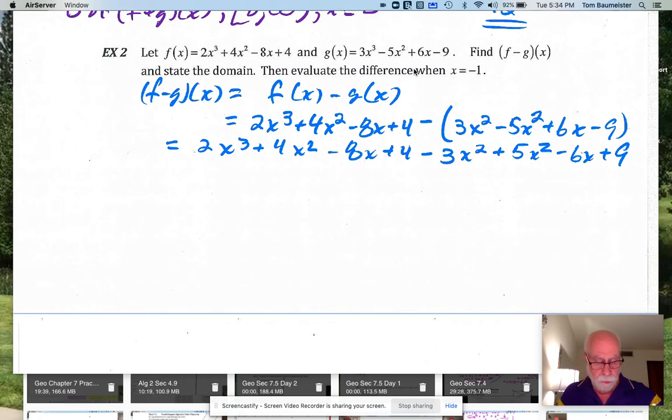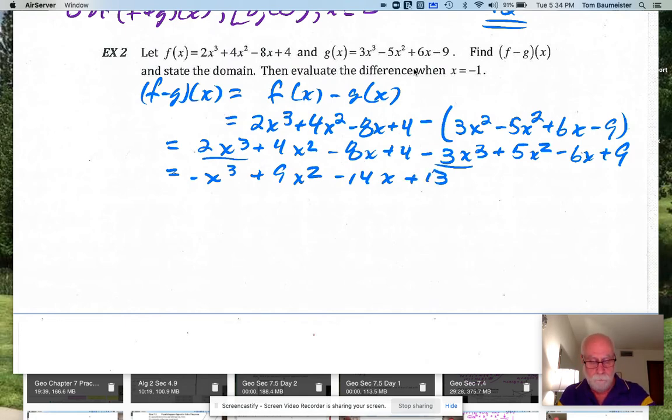And then we're just going to combine like terms. So I have a plus 2 minus 3, so I'll get negative x cubed. Sorry, that one's cubed. I have 4x squared plus 5x squared, so that'll be plus 9x squared. I have negative 8x minus 6x, which will be negative 14x. And then I have 4 plus 9, which will equal 13.